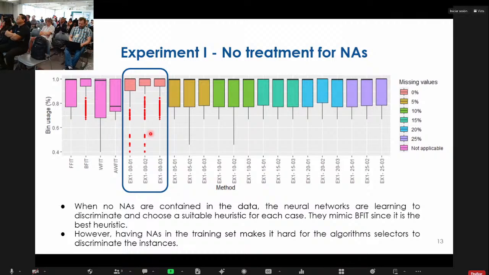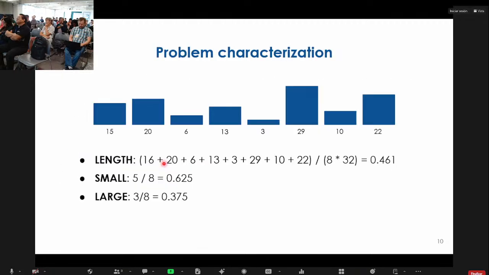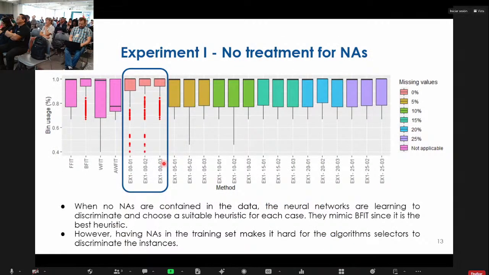When we don't have any NAs in the data, the neural networks are learning to discriminate and choose a suitable heuristic for each case. They try to mimic the best heuristic, which in our example is the best fit. The strange part is that in all the other cases, with nulls, the first fit was the one they try to mimic.